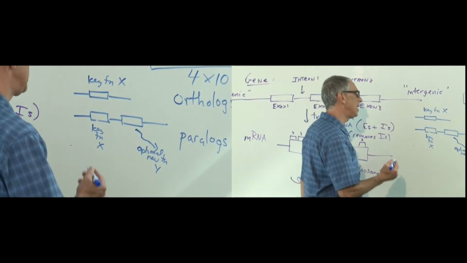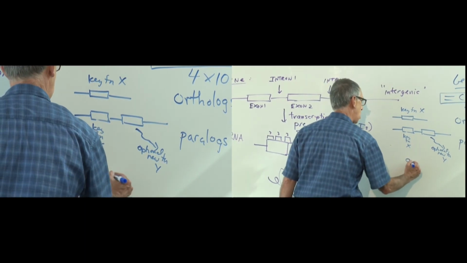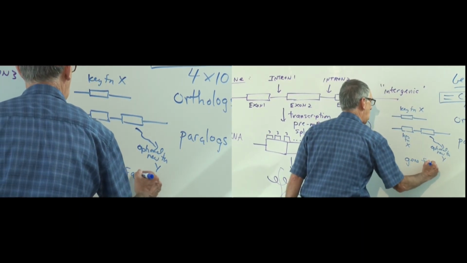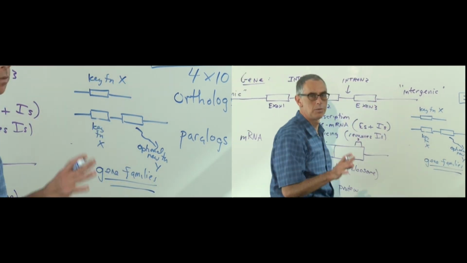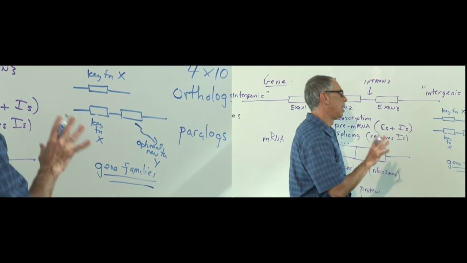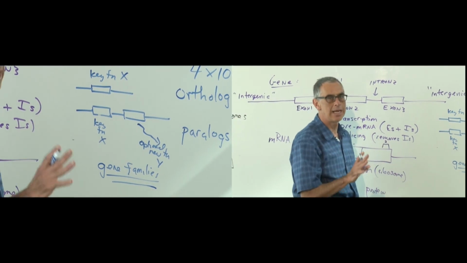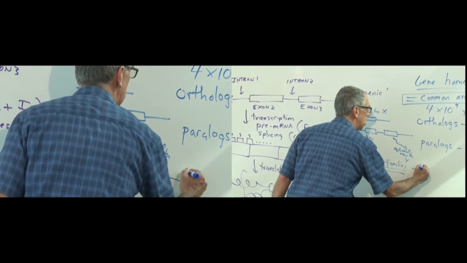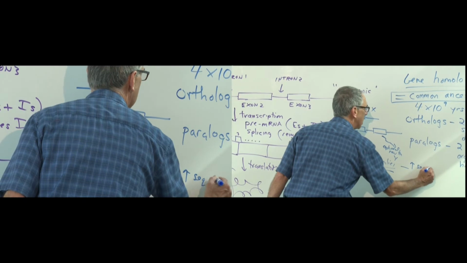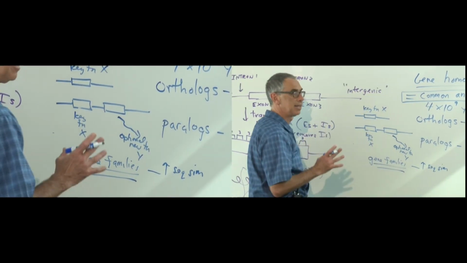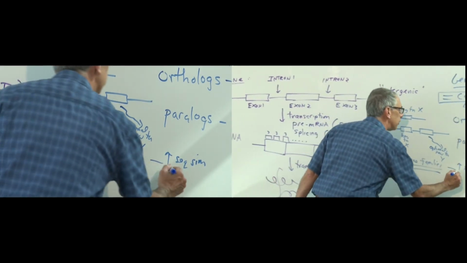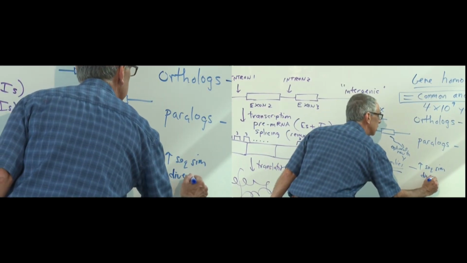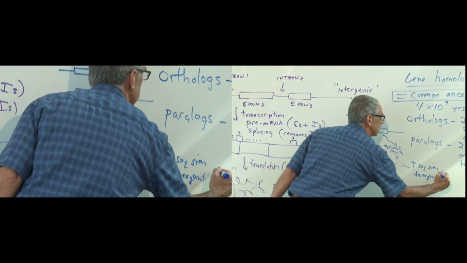So there are many gene families in the human genome which have the following characteristics. They all have very high sequence similarity. That's kind of how you detect that they're paralogs. But they have diverse, divergent functions. And I'm sorry if this is too small.